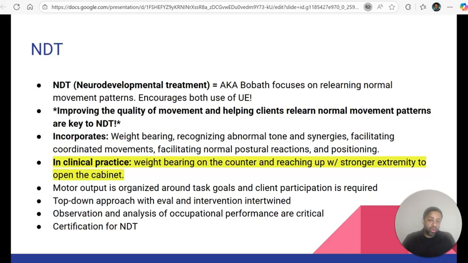But how do we incorporate NDT into our clinical practice? Well, as a preparatory task, you can have the person do weight bearing on a countertop, and after that, you transition into having the person use the arm functionally as much as possible. Of course, the capacity with which the person uses their arm is going to depend on how much movement the person has, right? A flaccid upper extremity is not going to be used functionally, but there are ways in which it can be incorporated.